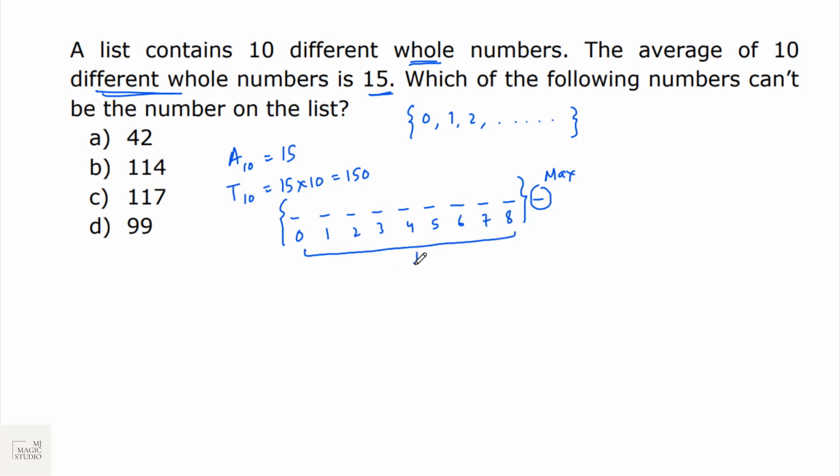Now what is the sum of 0 till 8? It is n into n plus 1 by 2, that is 36. So the minimum possible total of the remaining 9 numbers would be 36. That means the maximum possible value which this list can have is 150 minus 36, that is 114.